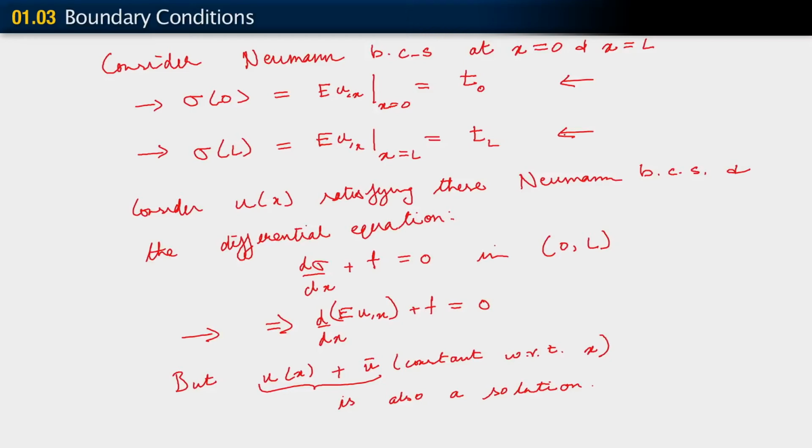Likewise for the differential equation, because the differential equation actually involves derivatives on the displacement field. If E were a constant, or even if E were not a constant, it would involve at least one derivative on the displacement field. So adding on u bar equals constant would still satisfy that equation as well.